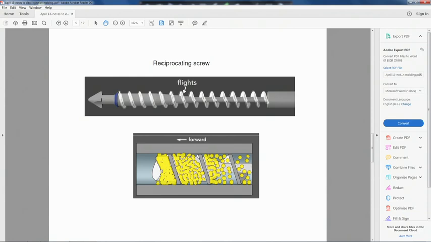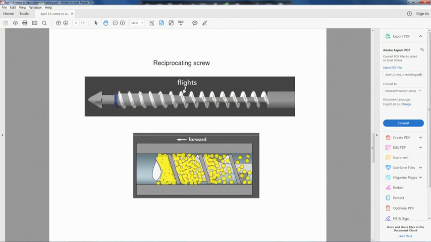This is one aspect. Now, the second aspect is that the screw has these flights, and the screw is rotating and also axially retracting. In the process, it is pushing the pellets towards the injection chamber, which is on this side.